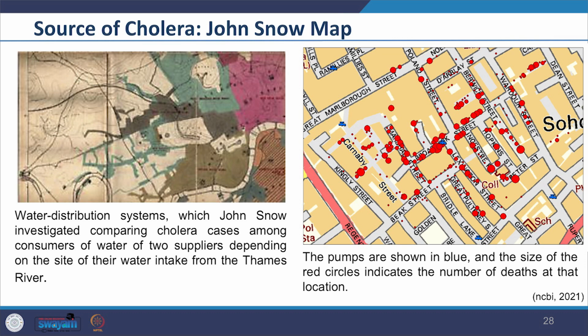Yet public health officials were slow to be convinced. They stubbornly believed in the miasma theory that diseases were caused by noxious vapors in the air. We have seen this image before. You can see Dr. John Snow's thematic mapping to indicate the established relationship between contaminated water and cholera.